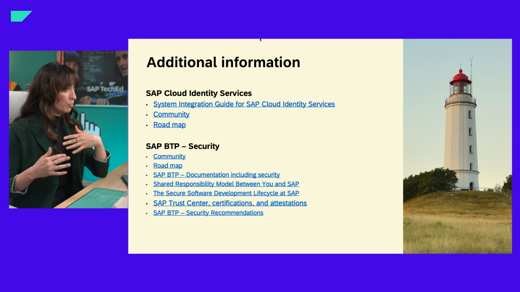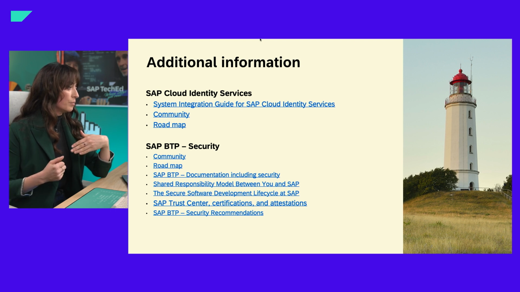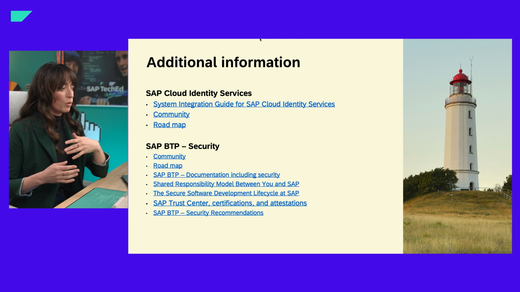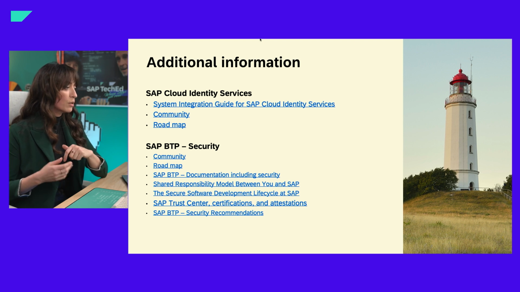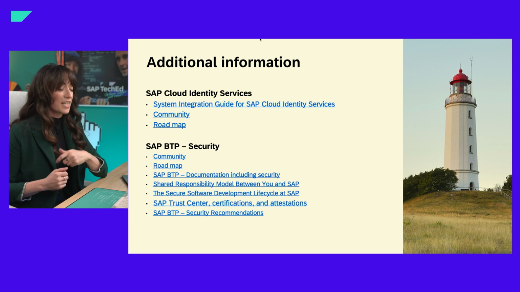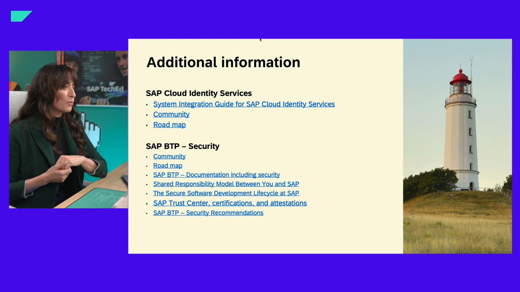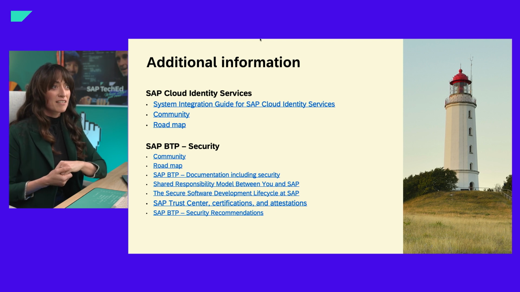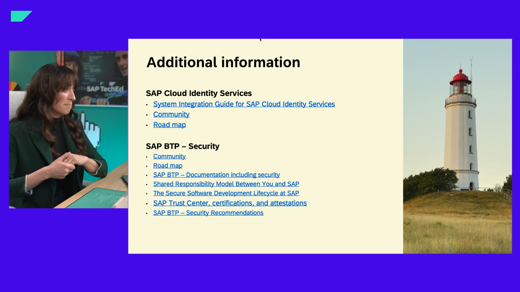And for BTP security, we have, again, the Trust Center, where you can see more about certifications, the BTP security recommendations, and very important, the roadmap, because we have in store more nice new features, which for sure you want to learn about. So make sure to look through these links.